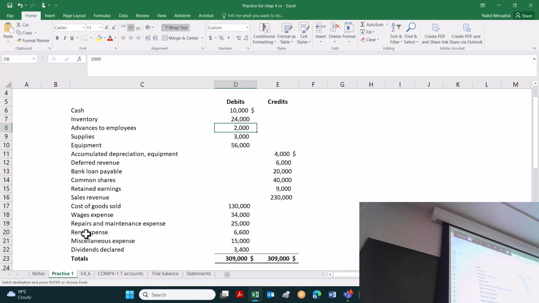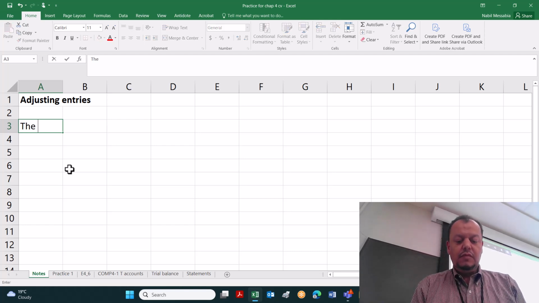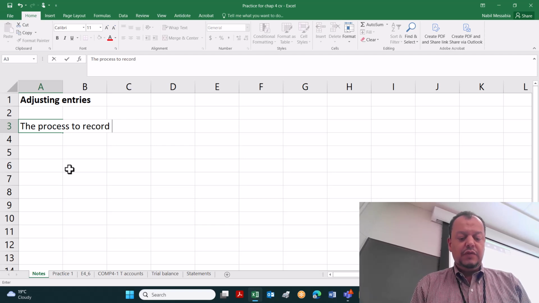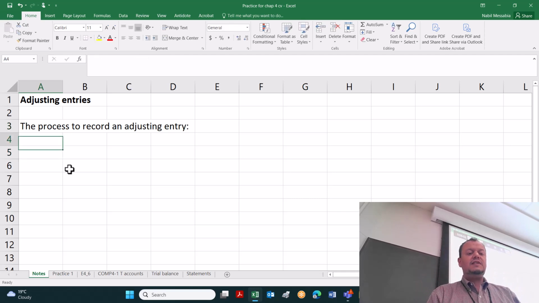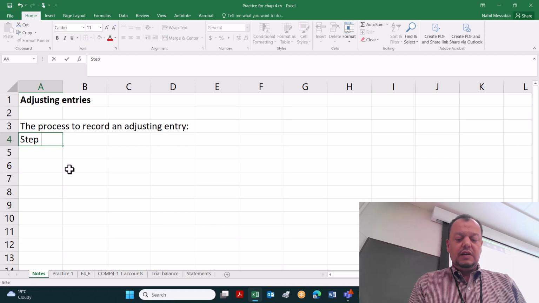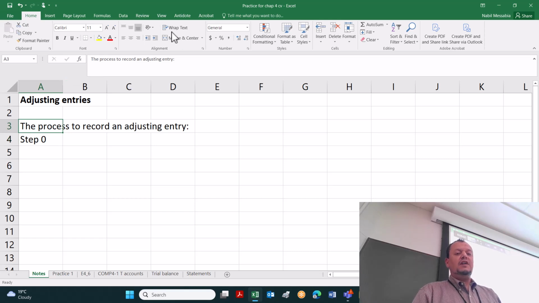Now the question is, this is the process to account for, let's take it down in a note, the process to record an adjusting entry. First step, I am going to call it step 0, and you understand why 0, because simply if the answer is no, there won't be any process. We stop.